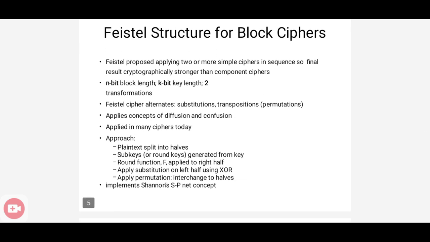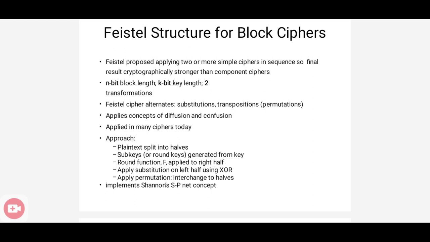In the Feistel structure, we use an n-bit block length as well as a k-bit key length. Why do we use a key in cryptography? Based on that key, plain text is encrypted to ciphertext.